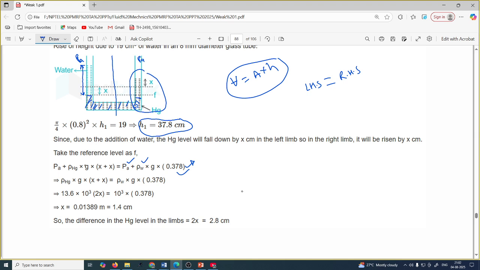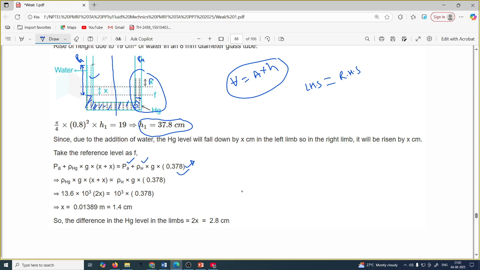And why is x written here as a similar value? Because of the density of the liquid: if the water density and the mercury density were equal, then when you put this much water, this much height would increase in this limb. But here it is not the case. The mercury density is very high compared to water.